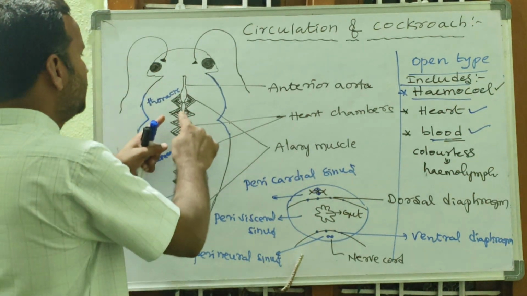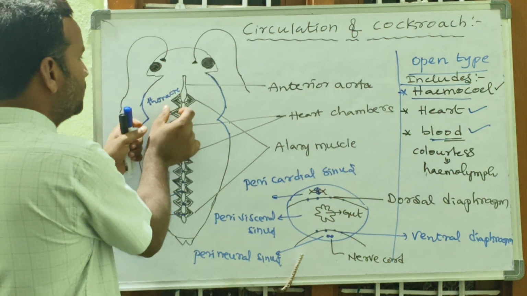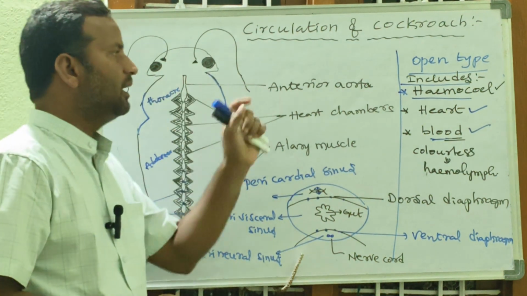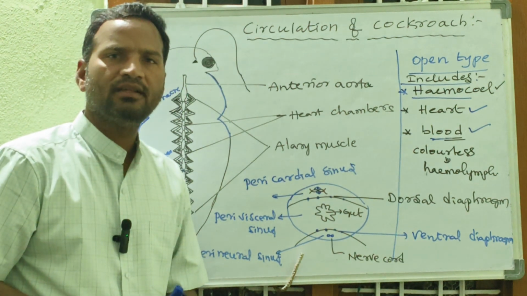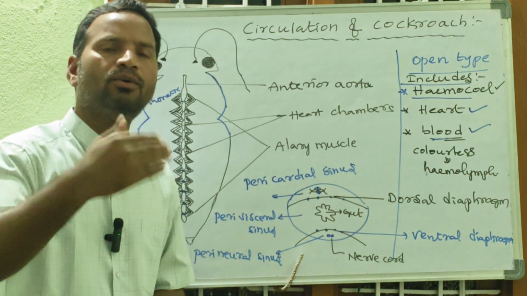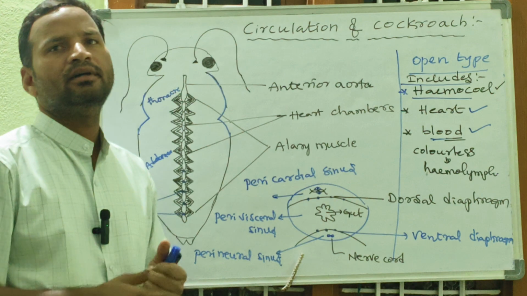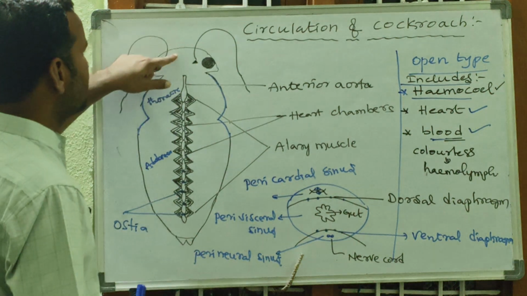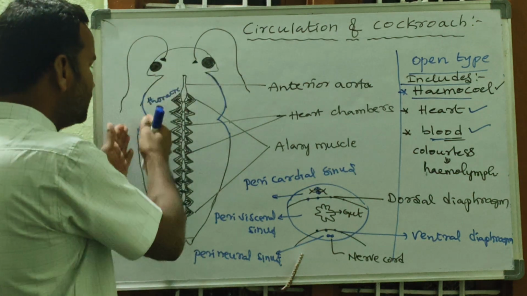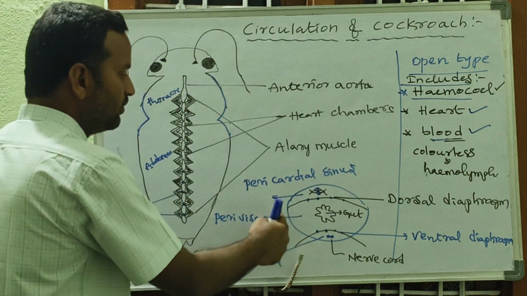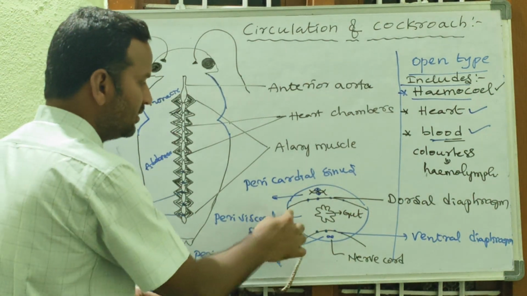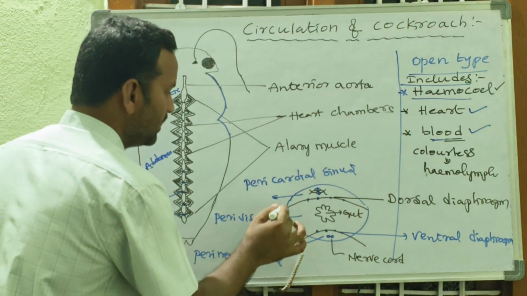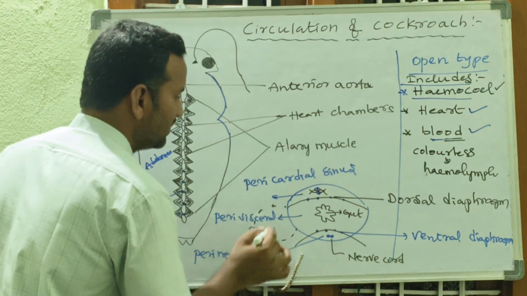Finally, see the last chamber at the anterior part, the 12th chamber, which opens into the anterior aorta. The anterior aorta opens into the head sinus. For example, I will draw here: this is the head region.